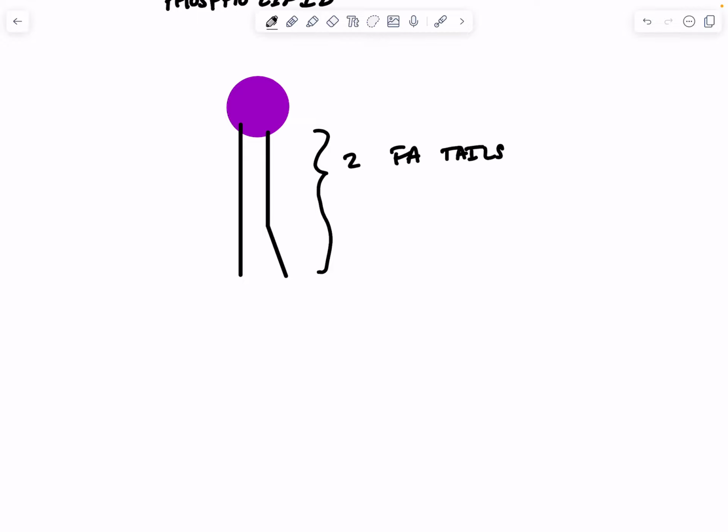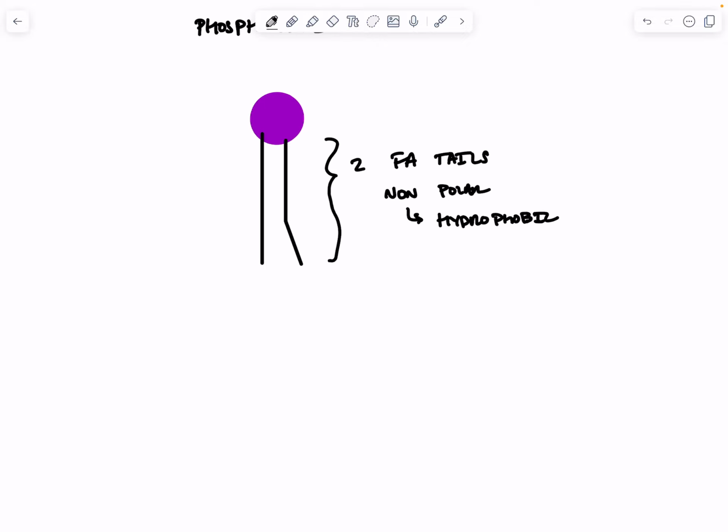A fatty acid tail is very nonpolar. Therefore, it's very hydrophobic. There's one that is a long straight chain. So remember, this is a saturated fat.